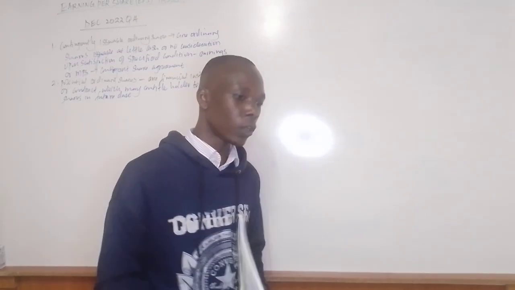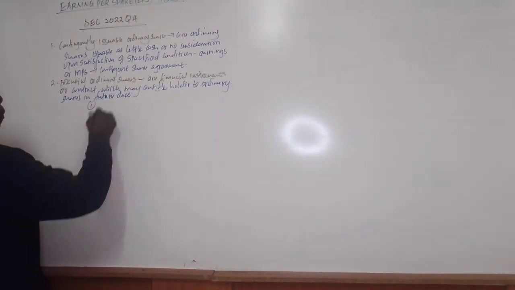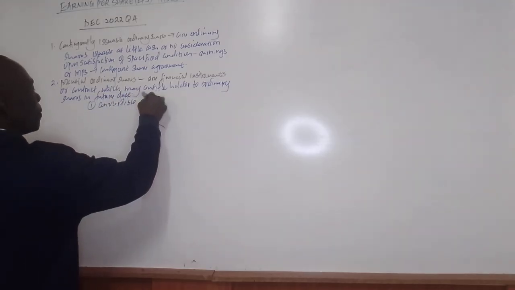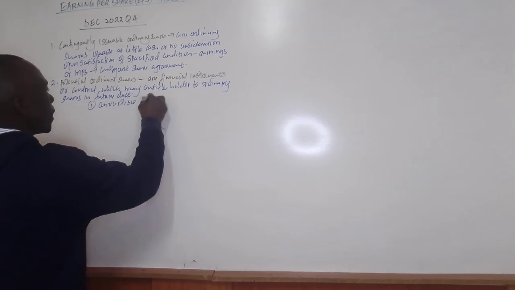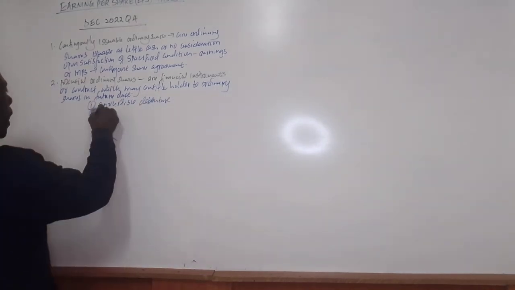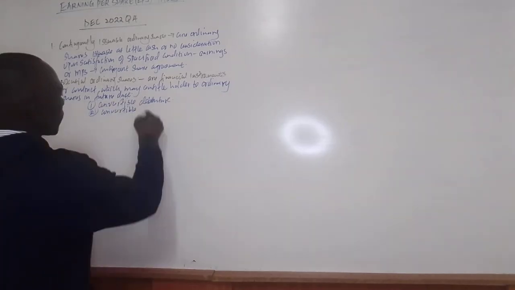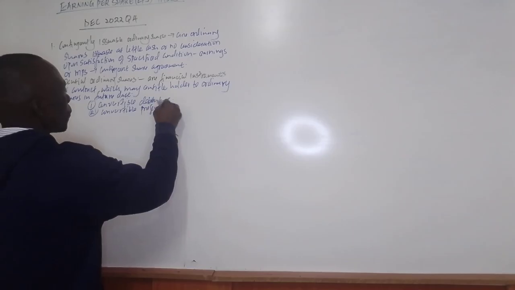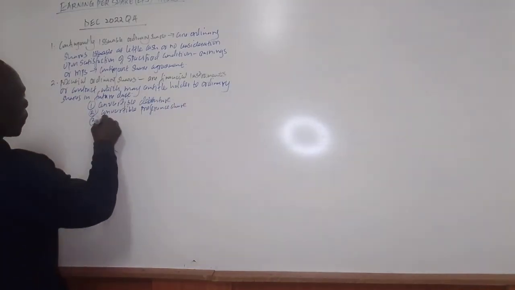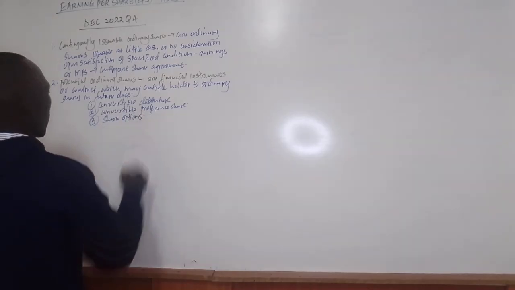And for these potential ordinary shares, we had given some examples. Number one, we have the convertible debentures, or what we call debt. Number two, we have the convertible preference shares, and another example is the share options.